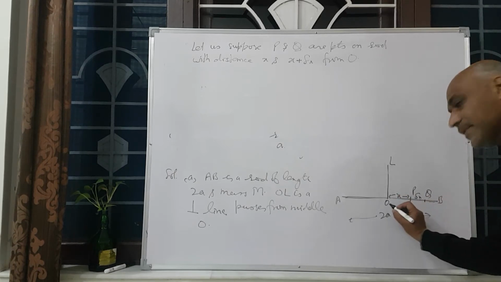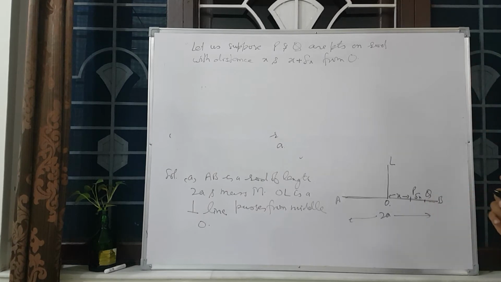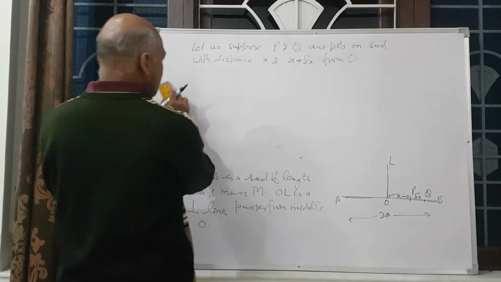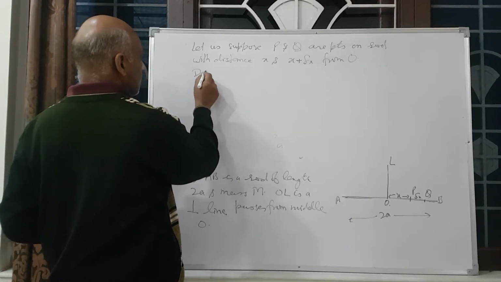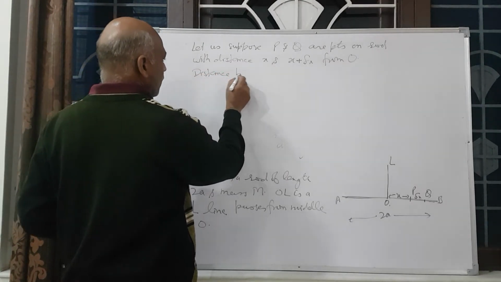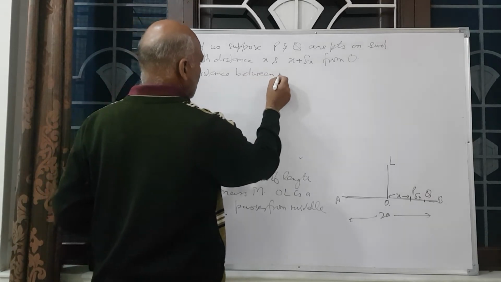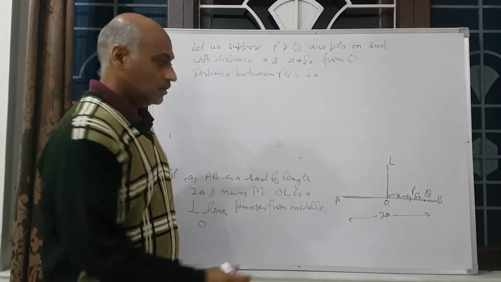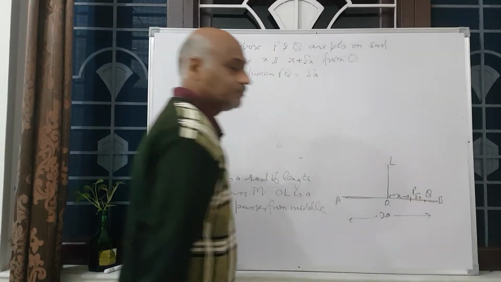So the distance between P and Q is delta x.